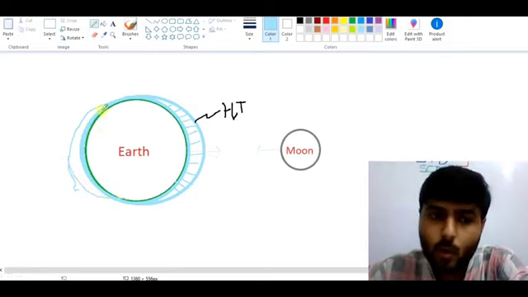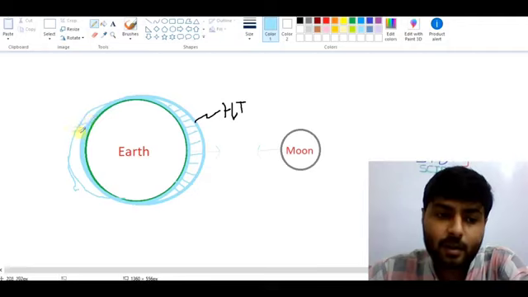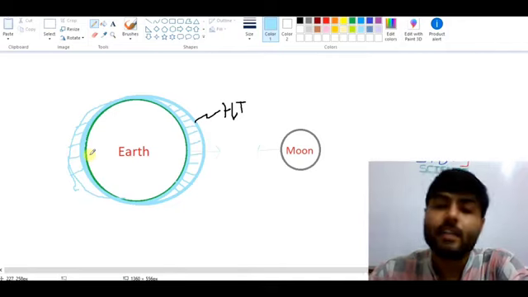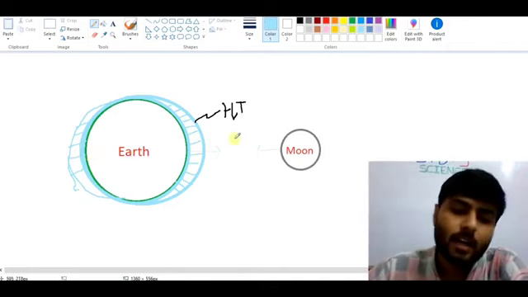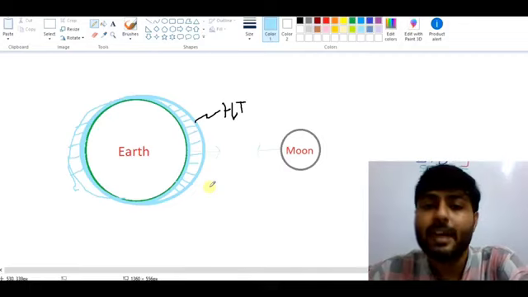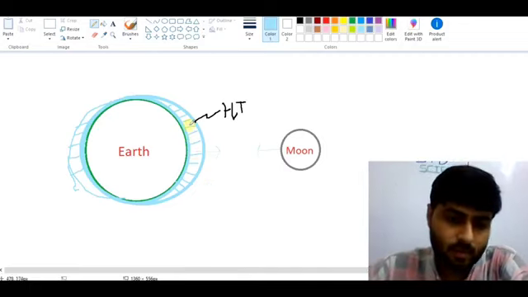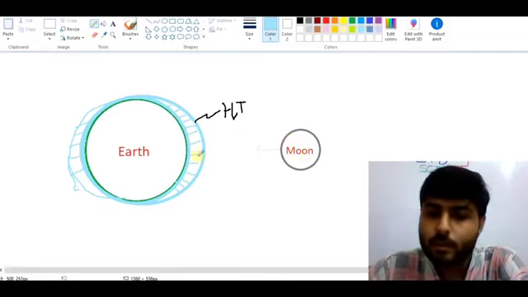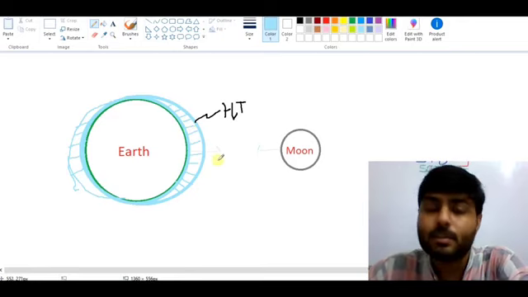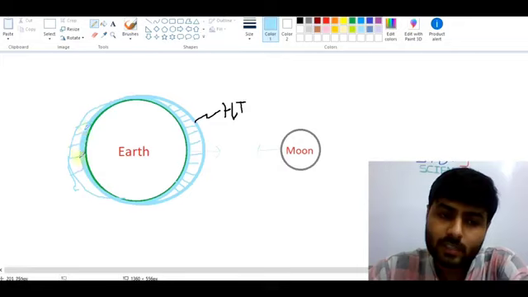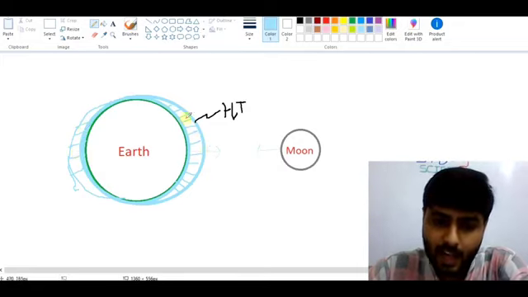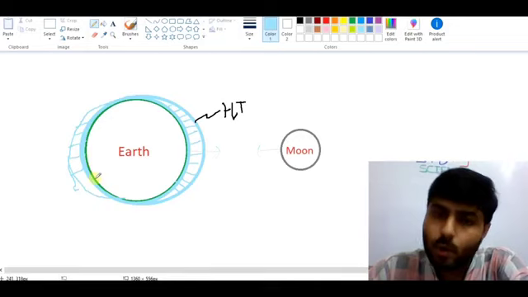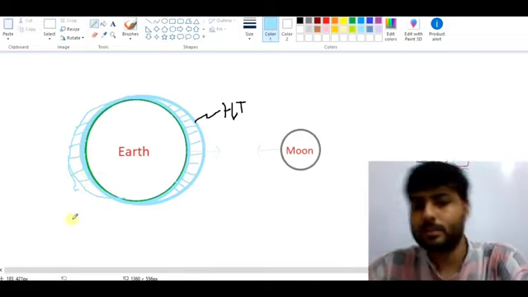So here also we have high tide, but the bulge at this side is comparatively lower, and the bulge at this side is comparatively higher, because this side, which is exactly opposite to moon, experienced more force compared to this side. So it has a higher bulge, and the other has a comparatively lower bulge.